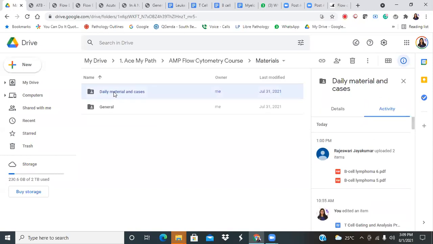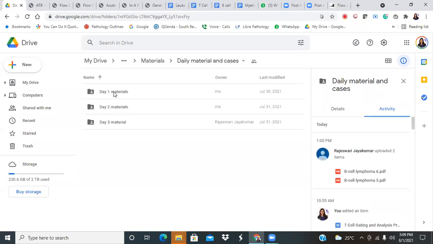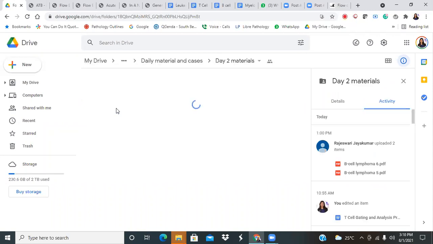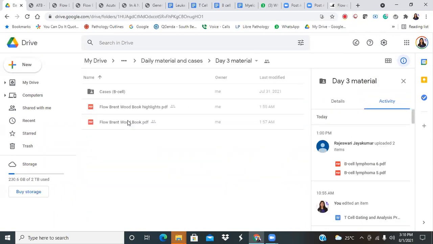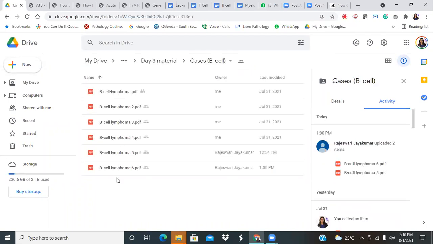Yeah, and then she puts the cases 1 day before or 2 days before. She's very good at that. So she already placed them, I think, in day 2 or actually day 3. In the day 3 material, you'll have the B cell cases. So go over these B cell cases and think of your differential, think of what you want to ask and stuff like that.